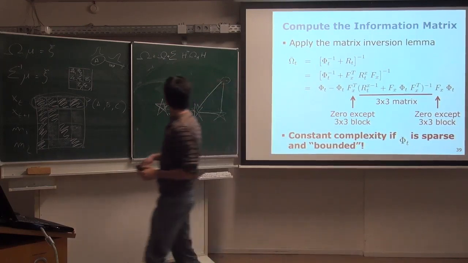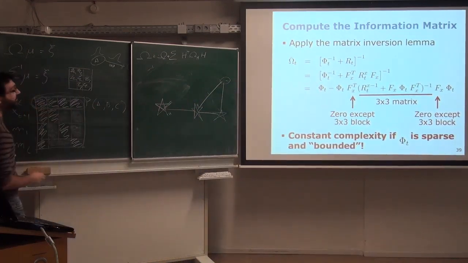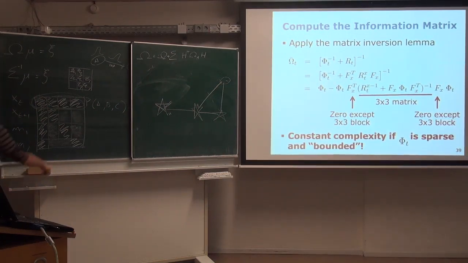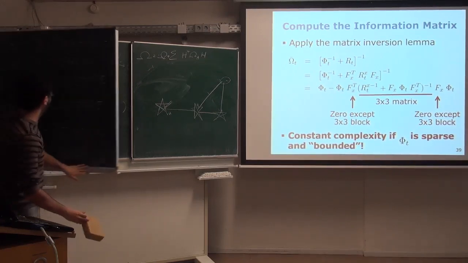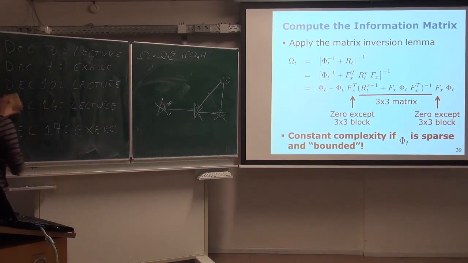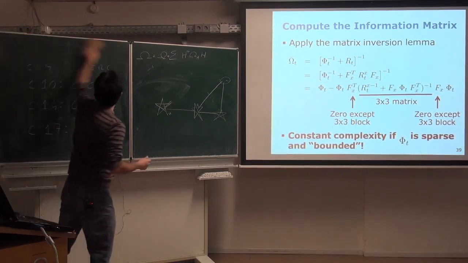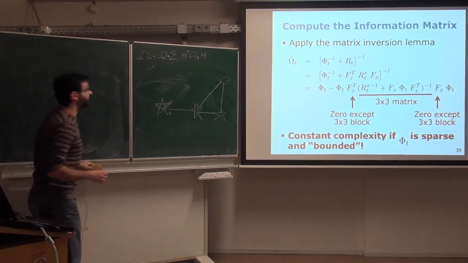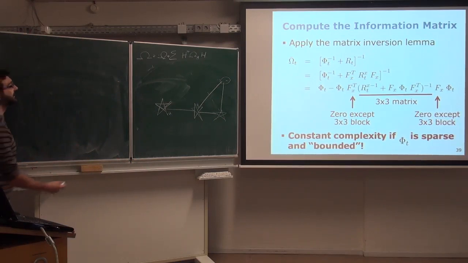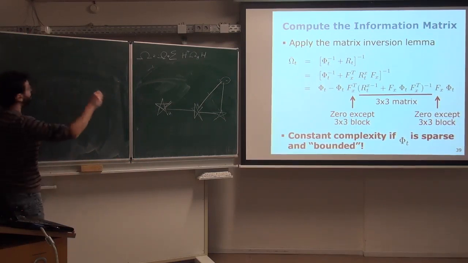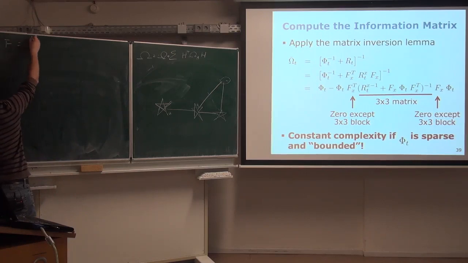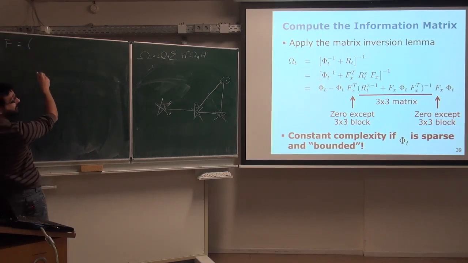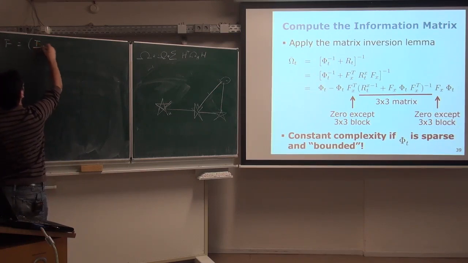I wanted to write it on the whiteboard because it's probably easier if one sees it. Why is this the case? If you write down everything in terms of blocks, we have that our F is actually something like 1, 0, I think.